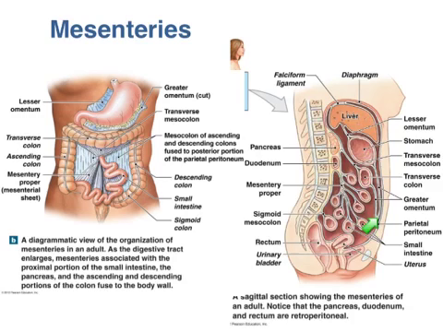Along with the greater omentum, there's also a lesser omentum between the liver and stomach. The mesentery proper around the small intestine, you can see it kind of wrapping around there. And the transverse mesocolon and sigmoid mesocolon around the large intestine.